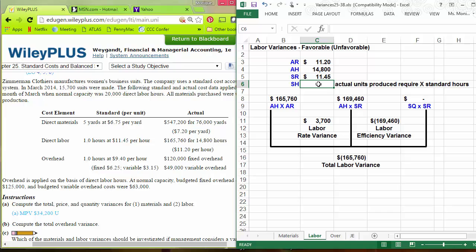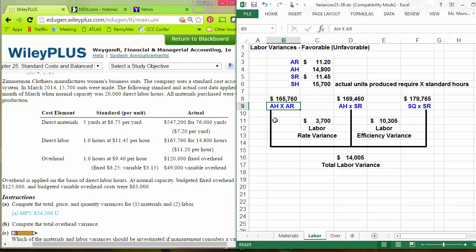So all you have to do is take the 1 hour times the 15,700 units that we actually made during the month of March. And then that would be standard hours. We would be expecting to use 15,700 direct labor hours at our standard.